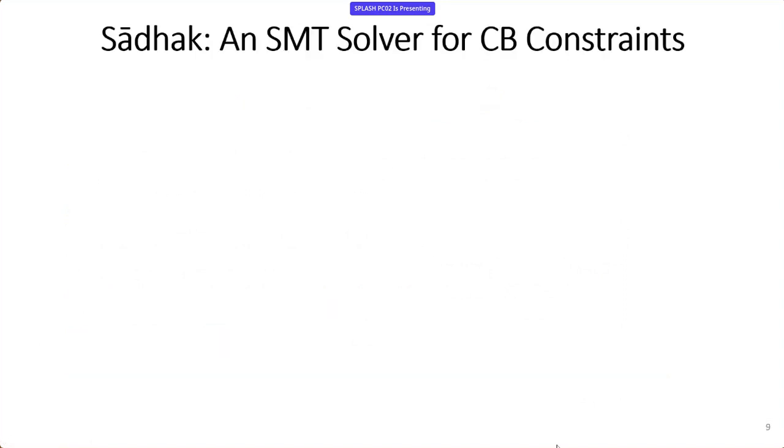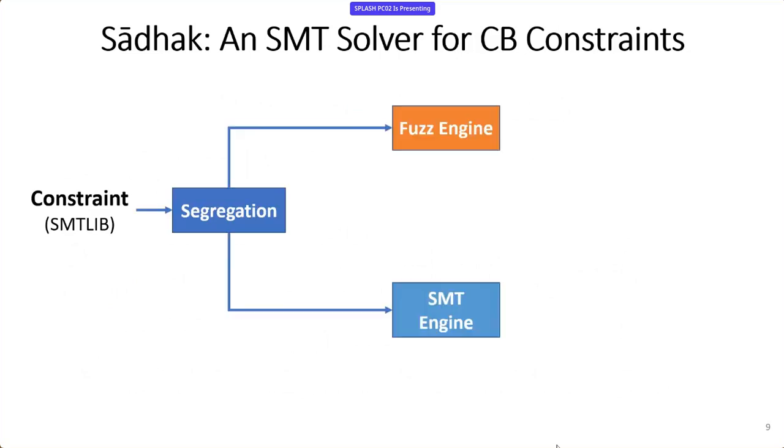Now I'm just going to walk you over the basic blocks of our algorithm. We start with a constraint, then we perform a step called segregation, where we filter out the pure SMT terms from the closed box function terms. We split into two sets of constraints. One set goes to the fuzz engine, which involves all the closed box terms, and we send the pure terms to the SMT engine.